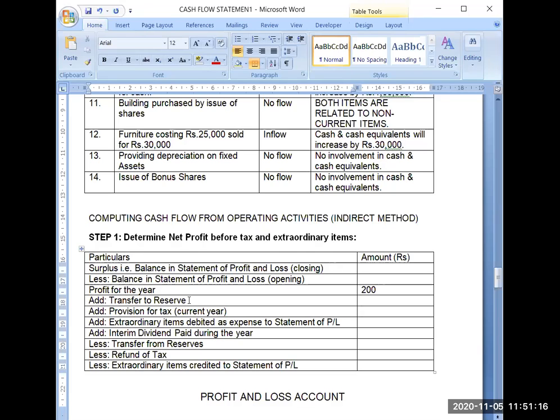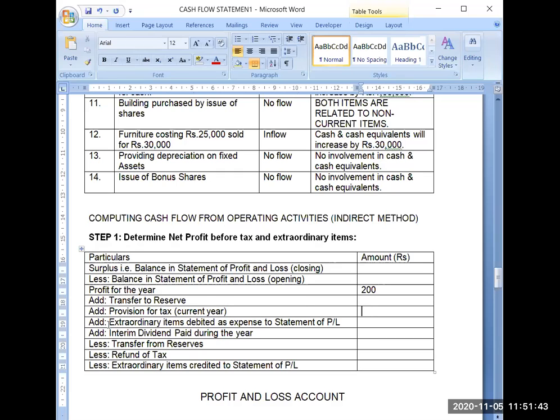Just focus on the words I'm saying. Whichever amount out of current year profits you have transferred to the reserves will be added to the profit for the year. Similarly, whatever provision you have created out of the current year profit for tax purposes will also be added back.